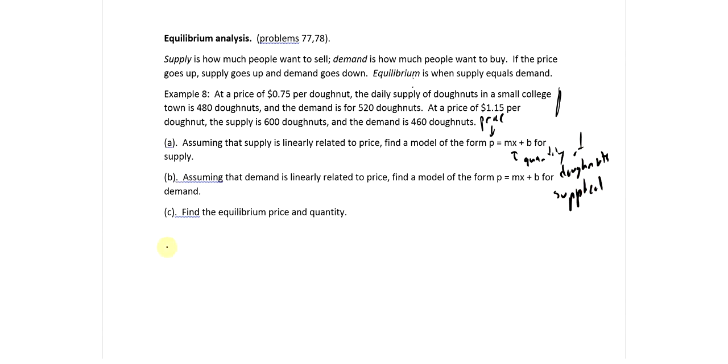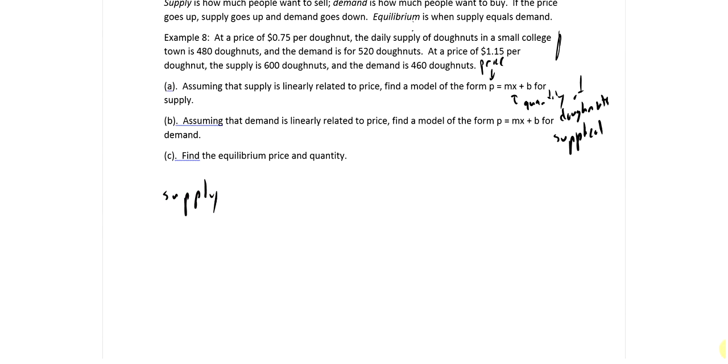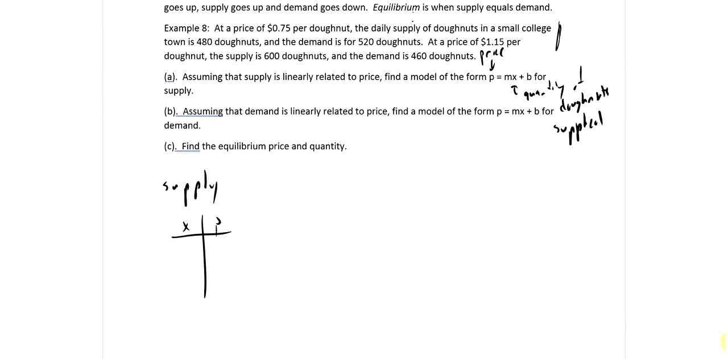Okay, so let's look at supply. What do we know about supply from this problem? Well, they give us what our variables are. They're P and they're X. So this is X, this is P. P is price, X is quantity of donuts supplied. And what do we know about that?